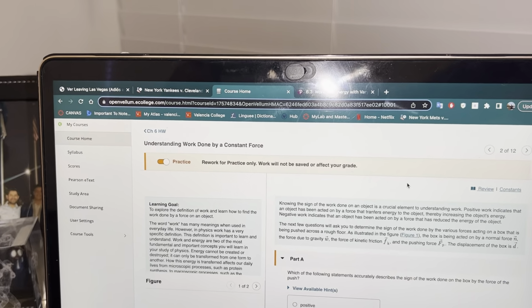So the work made by the weight is gonna be 0 in this case. Let me just check it real quick. Yep, cosine of 270 is 0. So here 0.